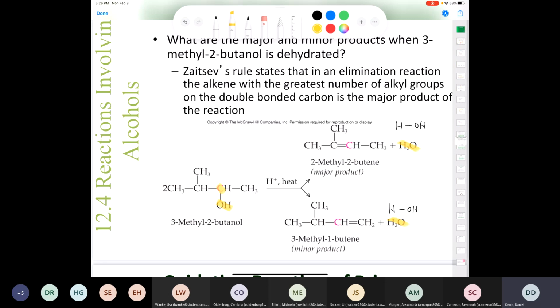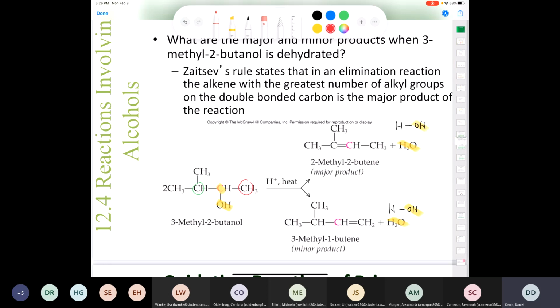So the hydroxyl is coming from the hydroxyl on the alcohol. Where's the hydrogen coming from in my water? Well, there are 2 possibilities. The carbonyl carbon has 2 carbons attached to it. It's got this one I'm circling in green, and it's got this one I'll circle in red.